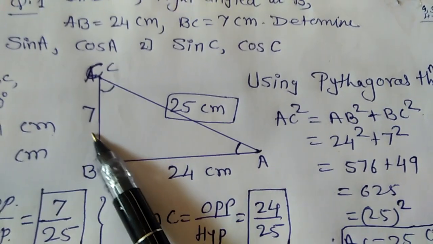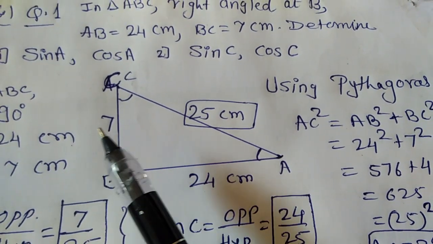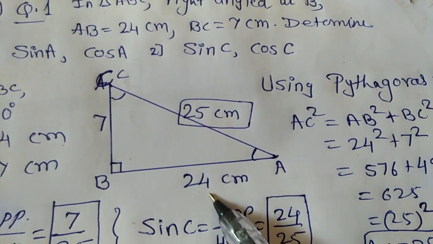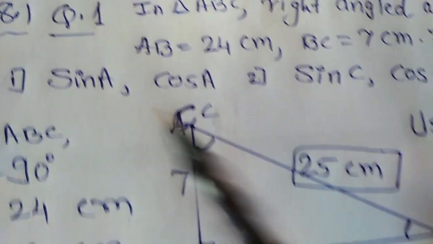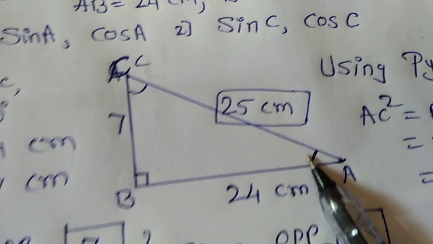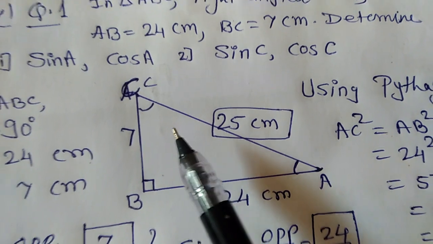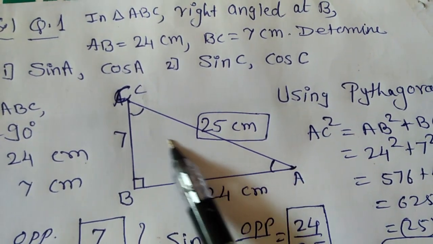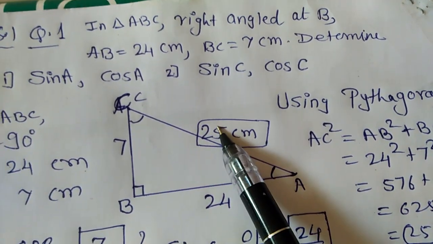Then we have the three side lengths: 7, 24 and 25. Now our question is to find sin A. This is the angle A. For finding the sine ratio, we require the opposite side of A and the hypotenuse.